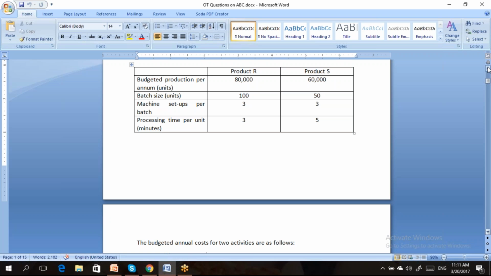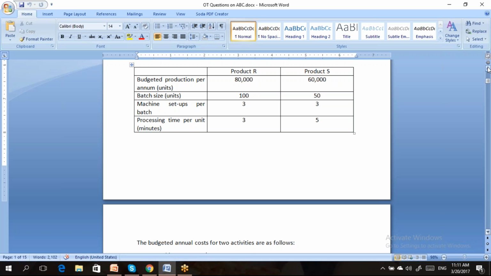So they're asking here machine setup per batch. So now we have to look at what the cost driver is. Altogether, how many setups? Number of batches 800, and number of batches 1,200. Each batch takes 3 setups.